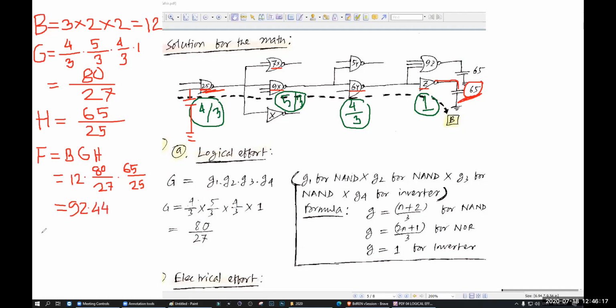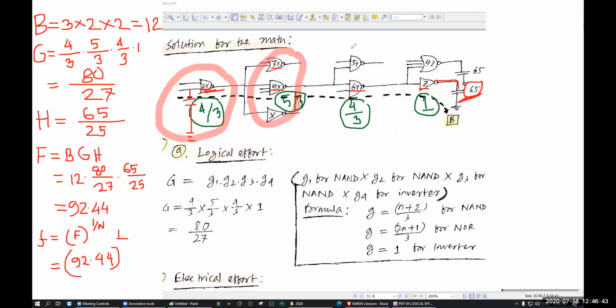Now the small f. The formula for a small f is F to the power 1 by n. So f is equal to 92.44 to the power 1 divided by 4. Why? Because you have 1 stage, 2 stage, 3 stage, 4 stage.